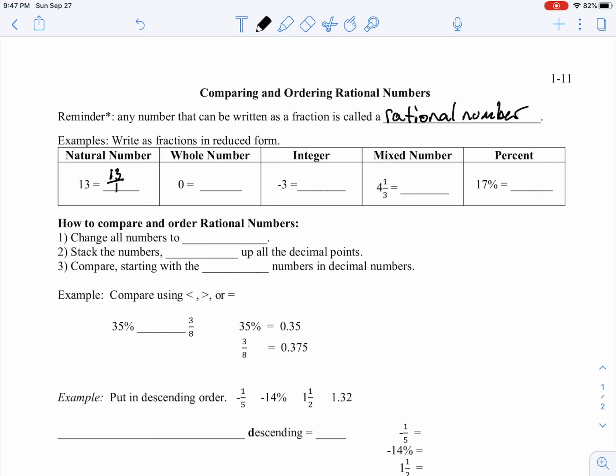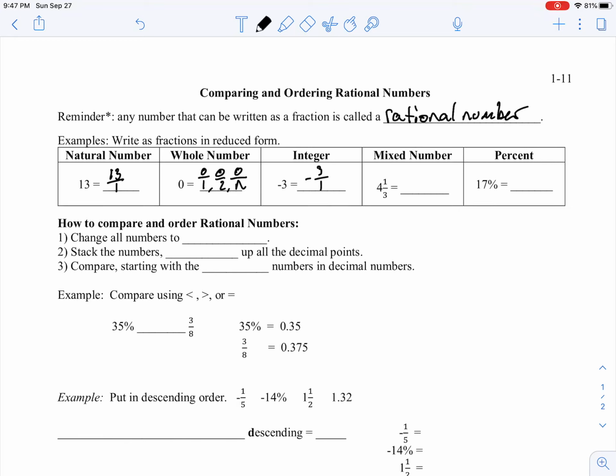0, we can write that as 0 over 1, or 0 over 2, or 0 over any number we wanted to choose, really. Just dividing 0 by anything will give us 0. Integer here, we've got negative 3 wholes, so negative 3 over 1.